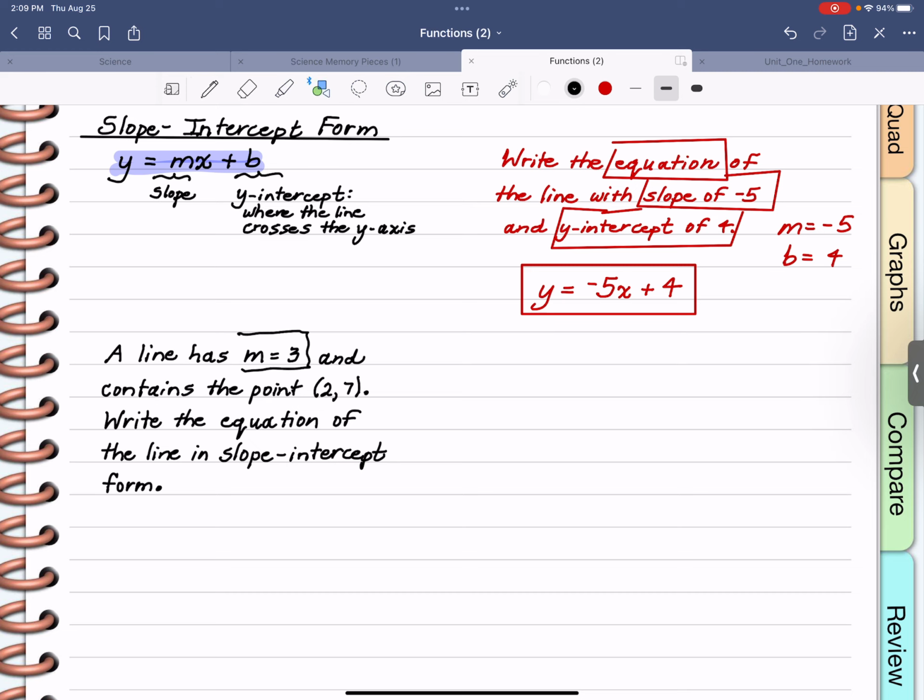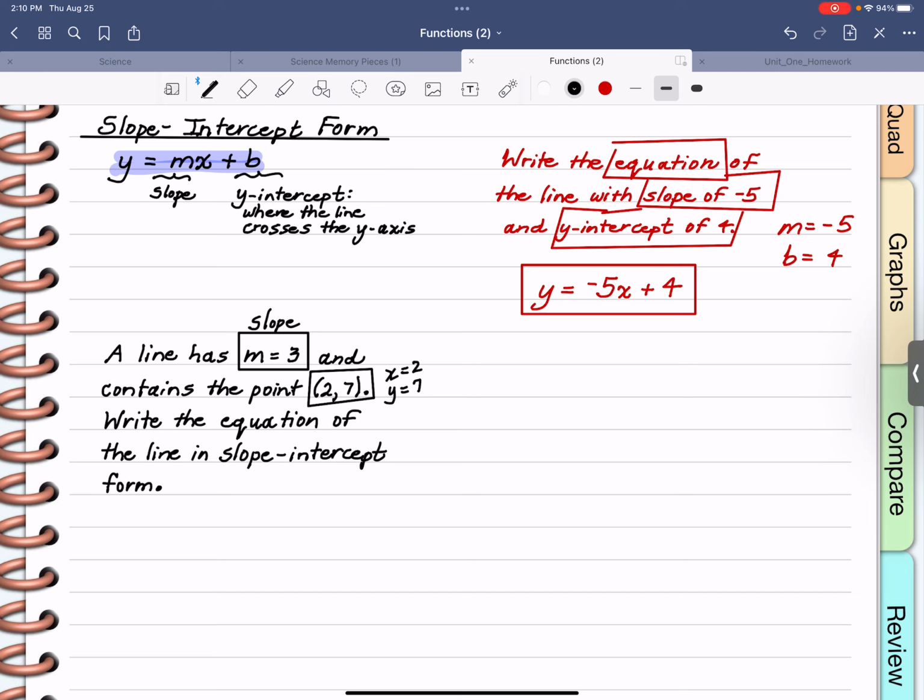They give you slope, and I'm going to go ahead and write this down. They give you a point. Now, what that means is that the x is 2 and the y is 7. So they've given me 3 values.